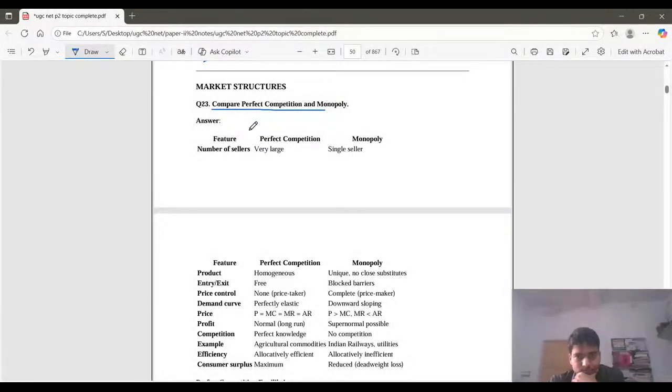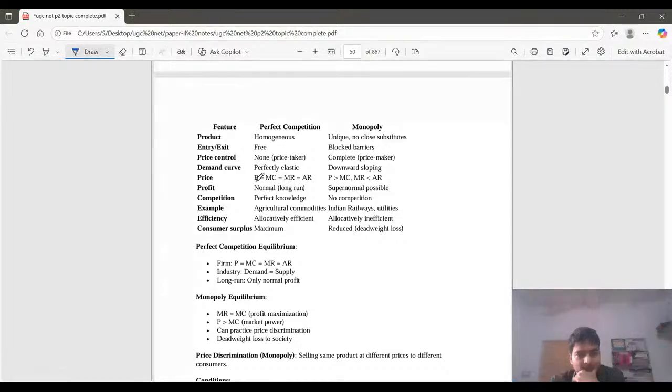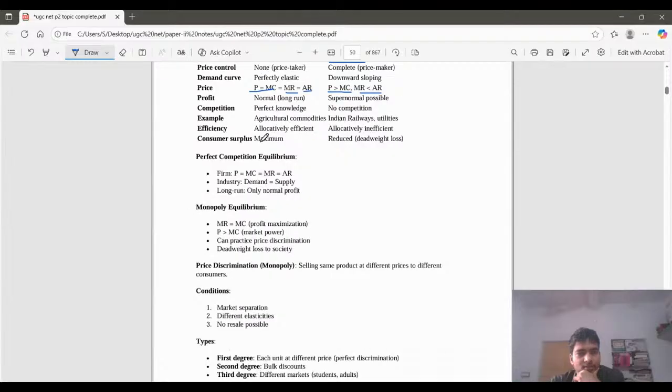Perfect competition has very large numbers of sellers and a homogeneous product. Here price equals marginal cost, and marginal revenue equals average revenue. In monopoly, there is a single seller, price is greater than marginal cost, and average revenue is more than marginal revenue.